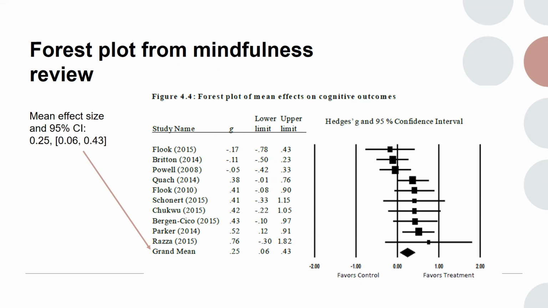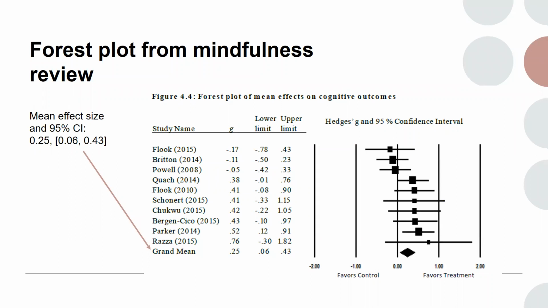If you look on the right-hand side, this is what's called a forest plot. Each of the squares represents the average effect size from each study. You might notice that they are different sizes. The sizes are in proportion to the sample size of the study. So bigger boxes are bigger studies.